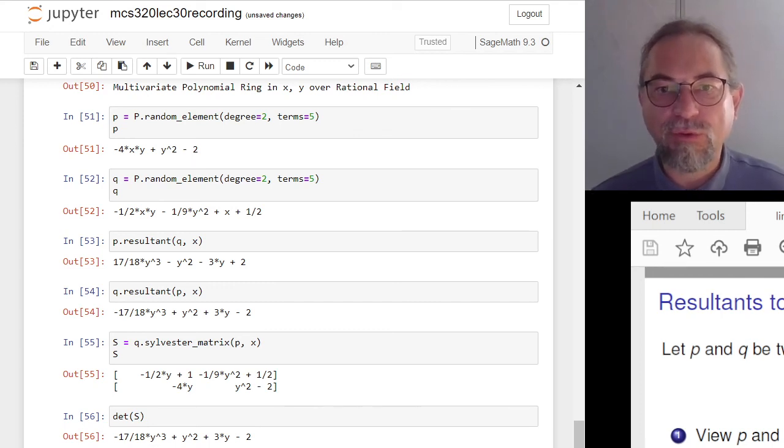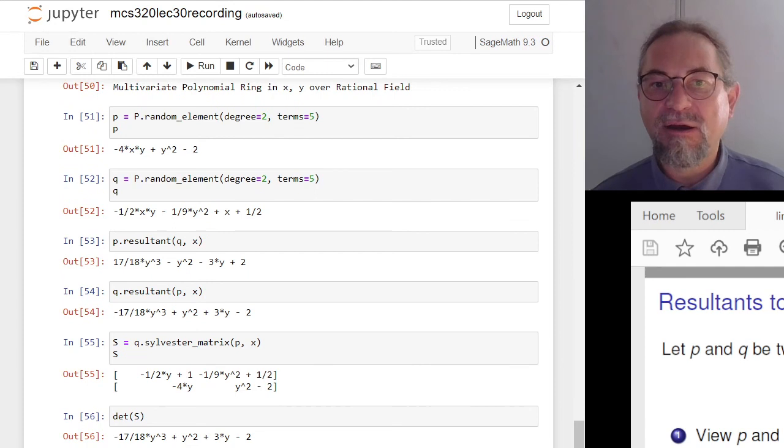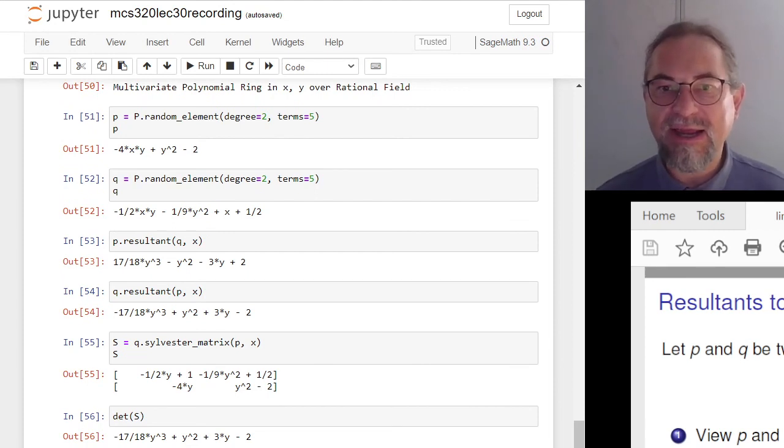And if you look at these polynomials a little more carefully, you see that the first polynomial p is linear in x. So you can solve for x and express x as a function of y. You have to divide by y. But you can get the y values from solving this polynomial, which is the resultant.